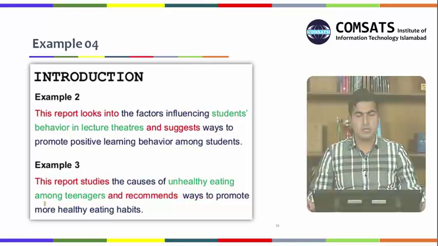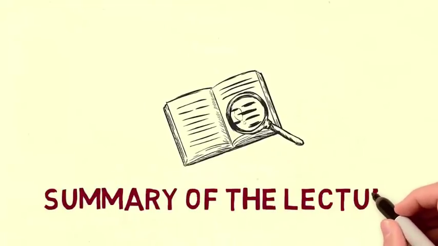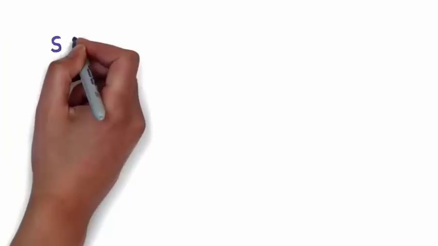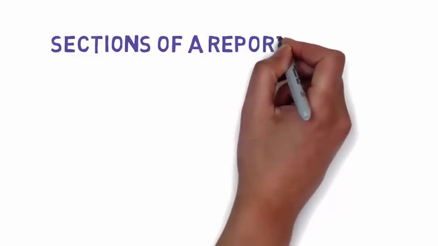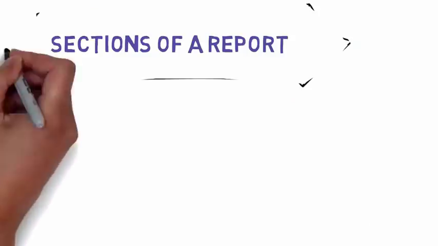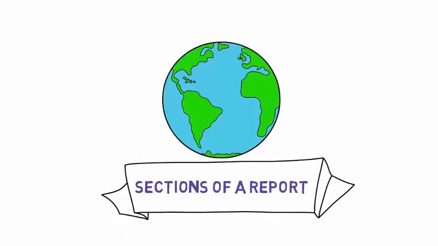And you are not going to face any trouble. Let's have a quick overview of what you have studied today. In today's lecture, you have learned the different sections of a report in detail. In terms of the organization of your report, you are supposed to prepare different sections and subsections of a report.